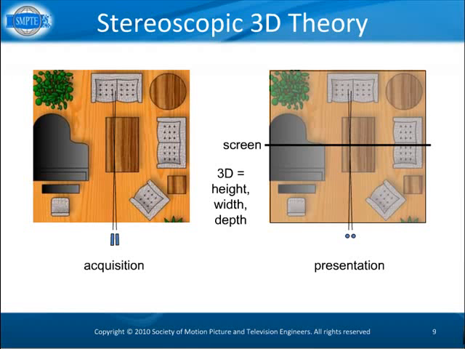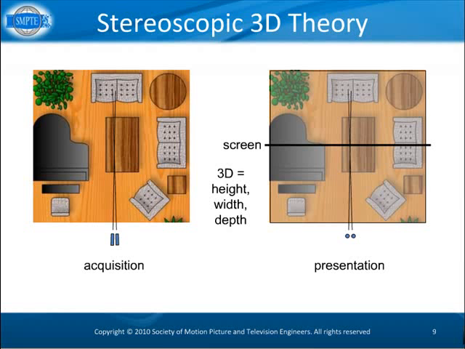Okay, here's stereoscopic 3D theory. The theory is that we acquire with 2 cameras that are separated about as much as someone's eyes are, and they're converged on what the viewer's eyes would be converged on, and then in presentation, the viewer looks at the screen, has the exact same angle, and essentially gets exactly what the cameras captured. Well, that's not ordinary stereoscopy.